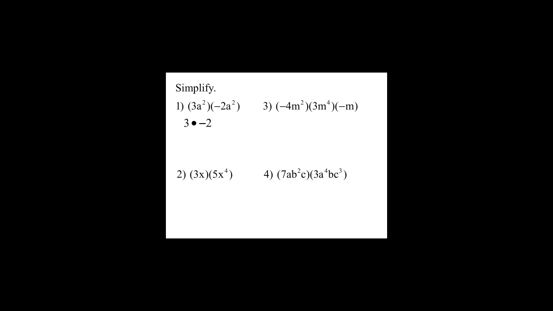And the variables we would multiply would be a squared times a squared, or a squared plus the second squared power. This simplifies to negative 6a to the 4th power. Now stop the recording and you finish the next 3 problems.